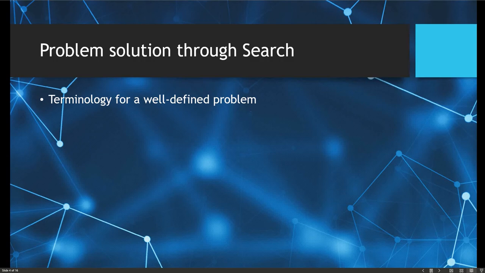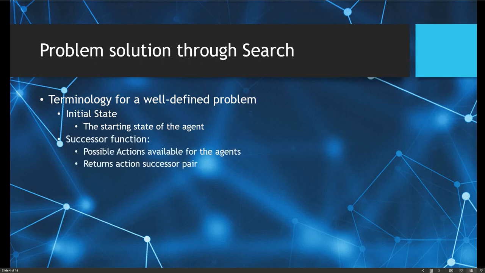And of course, this is something we very briefly mentioned while studying the problem formulation part in the previous video. So the first one is the initial state. It's the starting state of an agent before the start of problem solving. Like in our problem, we start from the area of Arad, and that is the starting state in our case for the agent. Then comes the successor function.